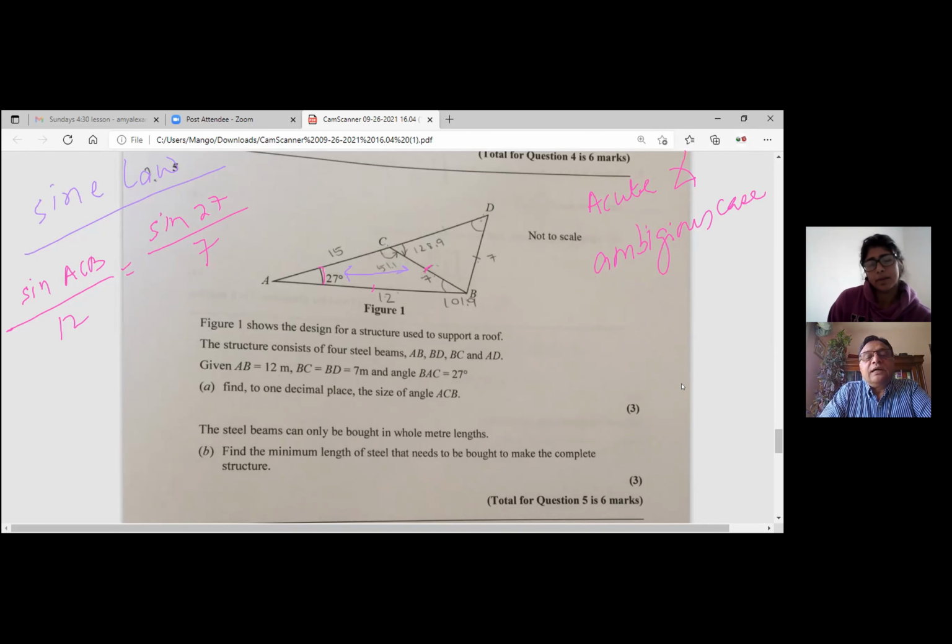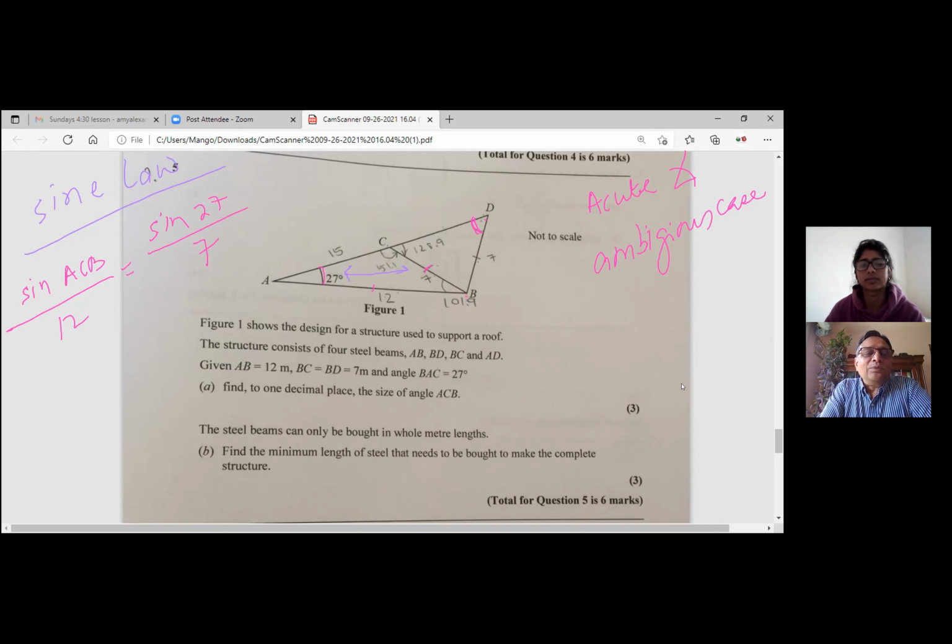The thing here is that this particular 7 could form different angles. I mean, as shown here, this also is a triangle form, correct? ADB is also a triangle form, correct? They have actually given you a hint here. Hint is that from B, I can actually make two triangles, correct?